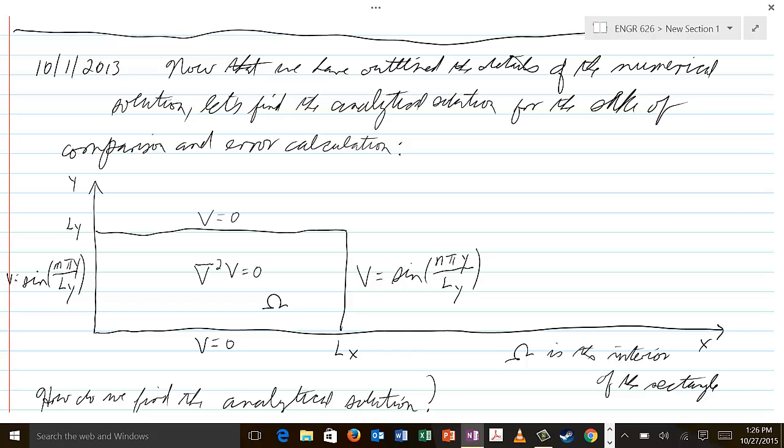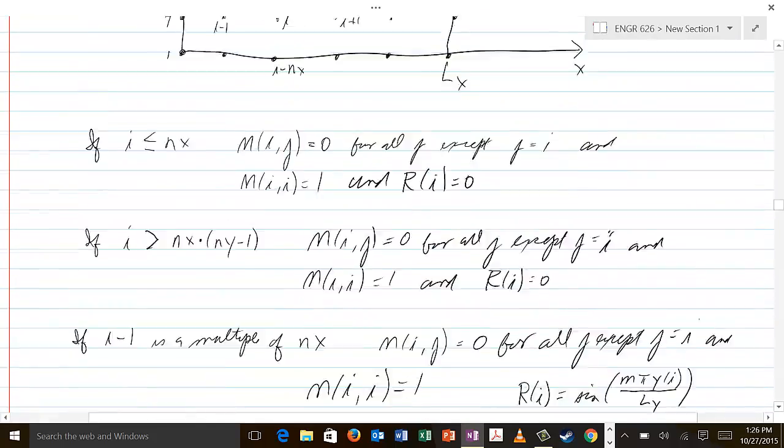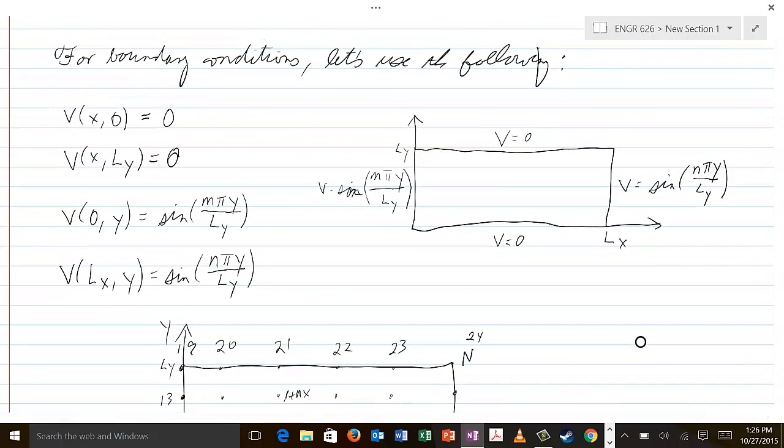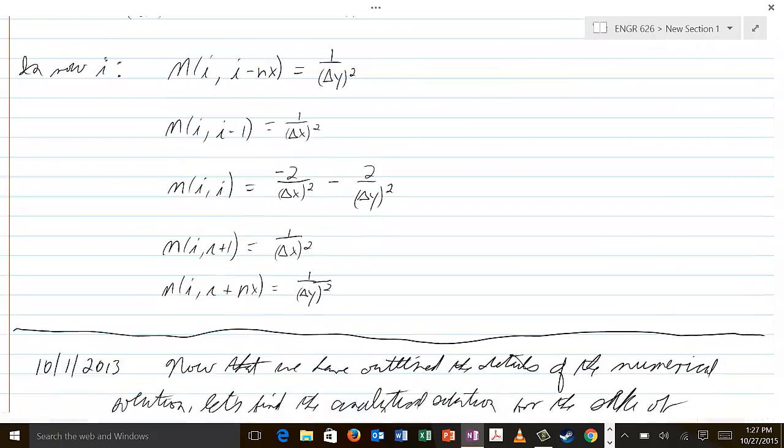And once again, one final time, here in this picture, you need to be able to easily vary Lx, Ly, n, m, and also nx, which is the number of nodes in the x direction, and ny, which is the number of nodes in the y direction.